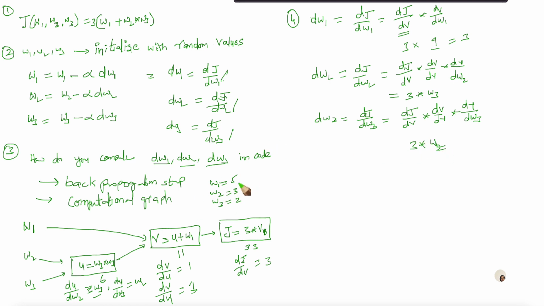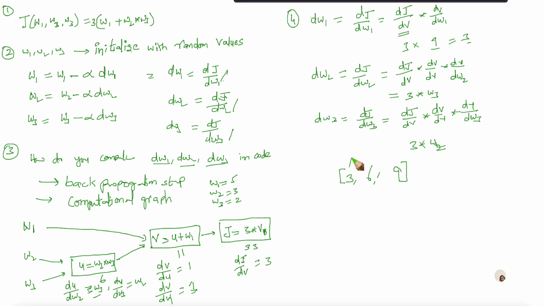If you want to evaluate when w1 is 5, dw1 is still 3, and when w2 is 3 and w3 is 2, dw2 is going to be 3 times w3, which is 3 times 2, 6, comma, and then dw3 is 3 times w2, which is 3 times 3, so it's 9.